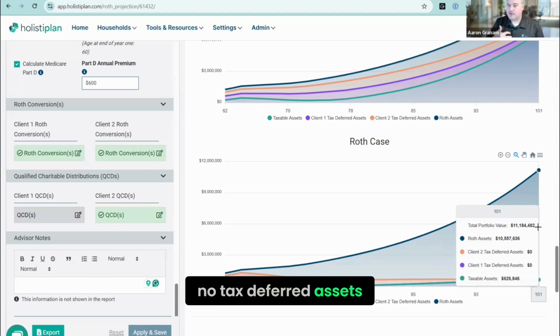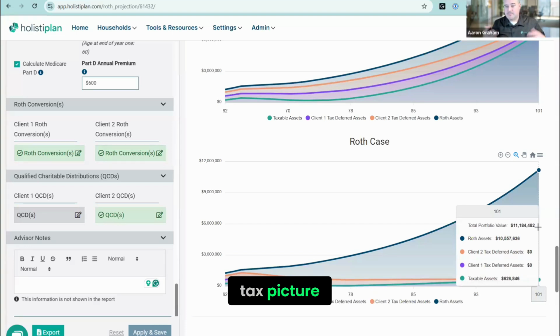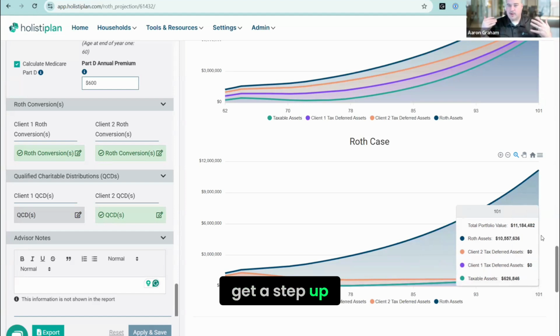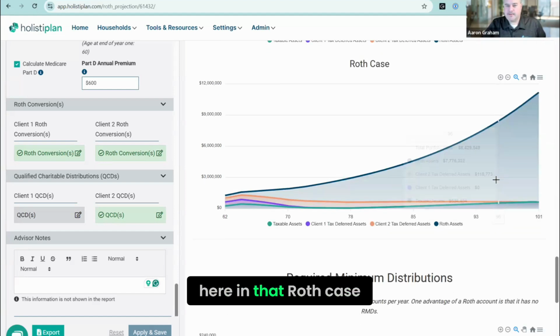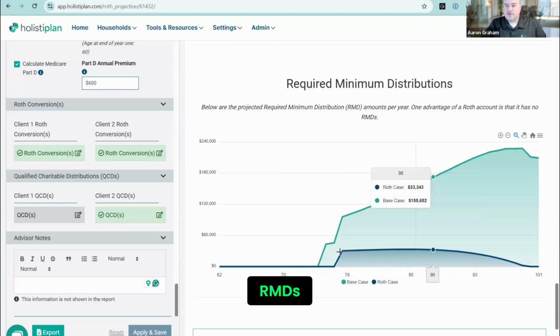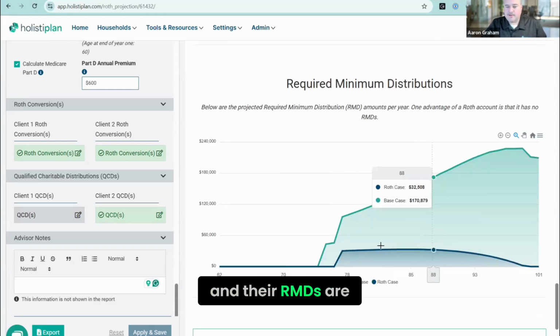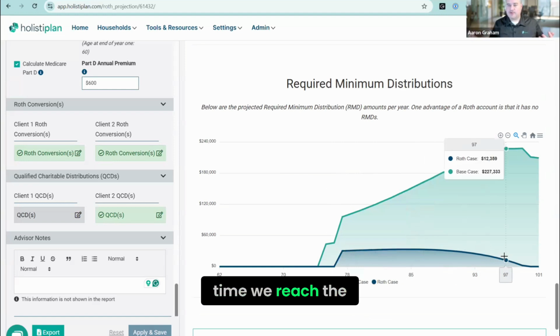No tax deferred assets, so they're not subject to any taxable income coming into their tax picture, right? And they have $626,000 of taxable assets to get a step up in basis. So a lot more favorable picture for the heirs here in that Roth case. RMDs, we can see that they've chipped those down tremendously, and their RMDs are virtually nothing by the time we reach the end of the plan.